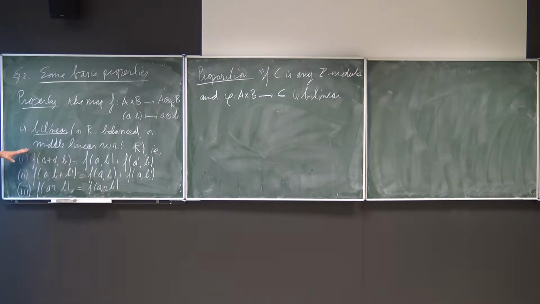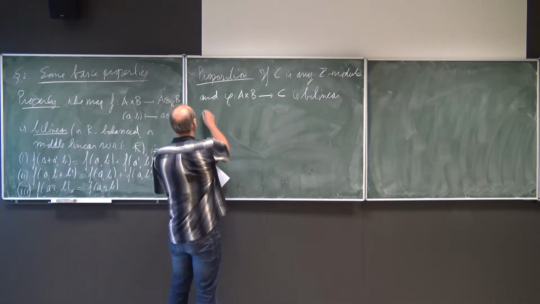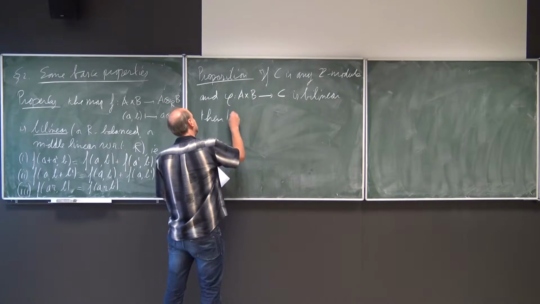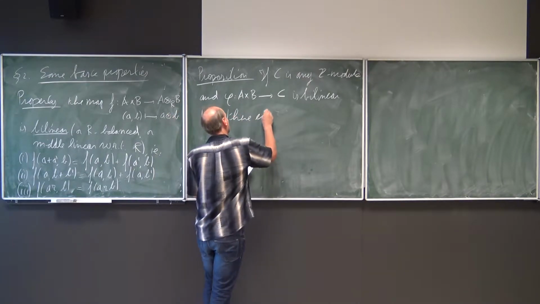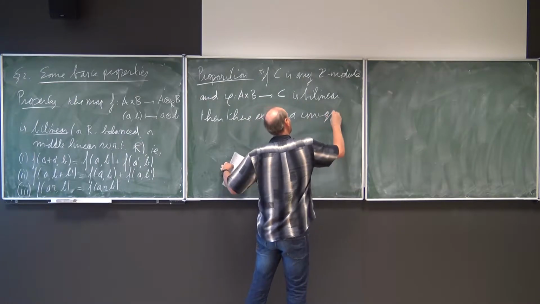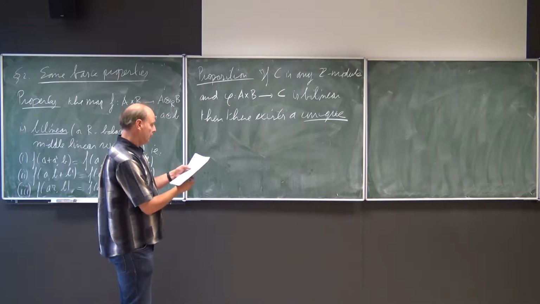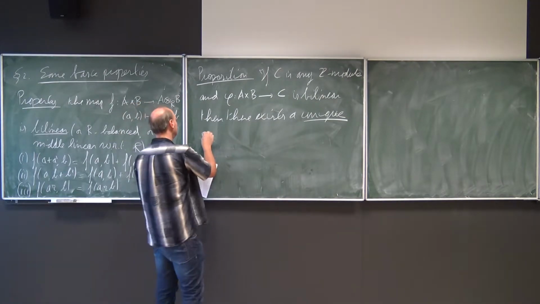So if I map phi from A cross B to C with those properties, then there exists a unique group homomorphism.